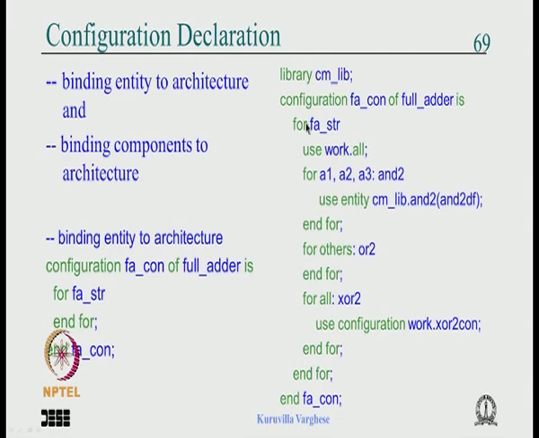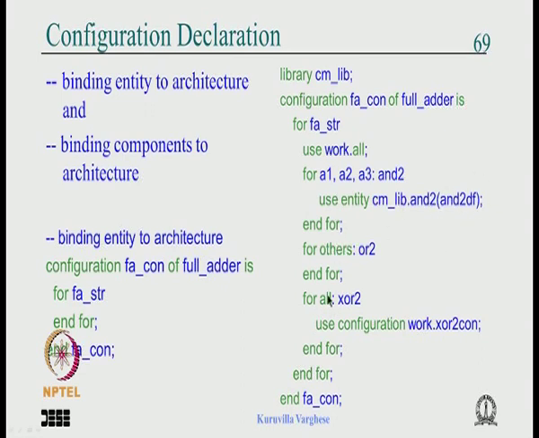So that is shown here: configuration name of full adder is, and you say for FA_str N4, that is how the entity is bound to the architecture. Now within that you can say for A1, A2, A3 AND use entity, library, entity, architecture and so on.